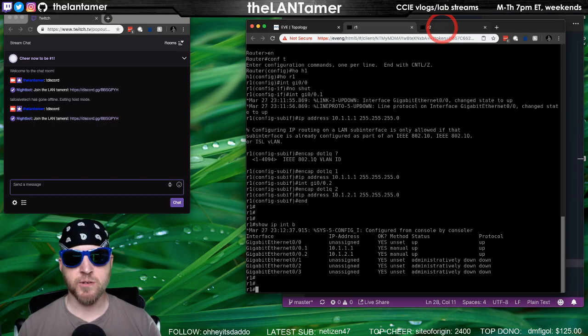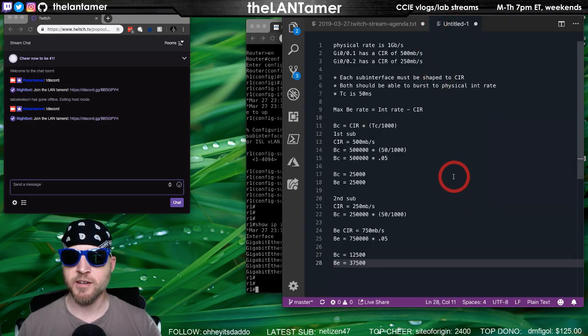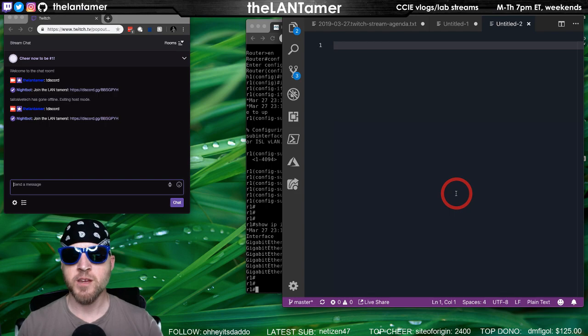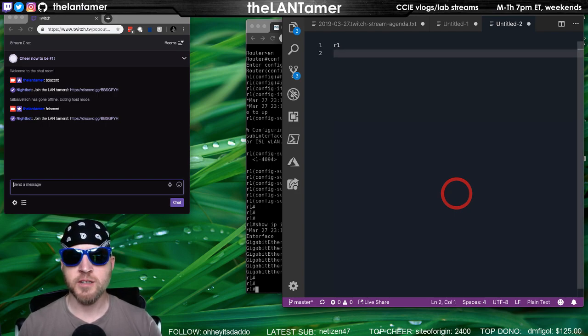Okay, so shaping configuration. On router 1, interface Gi 0/0.1.